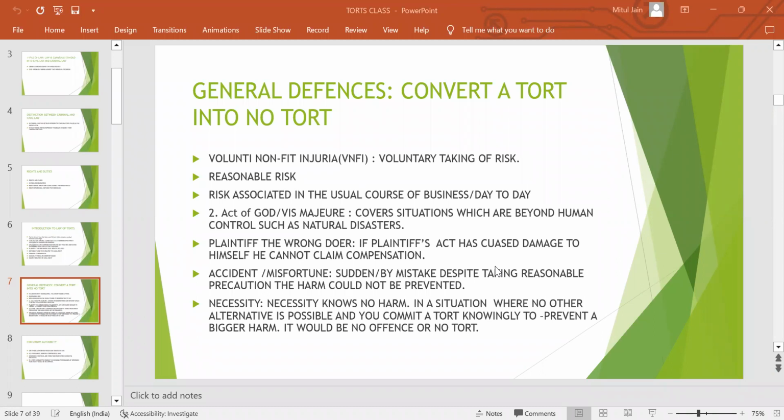So yeah, Komal, you are saying that you can claim compensation or you cannot claim compensation. Prarthi? Sir, I'm a bit unsure because like there was no other possible way to put out the fire.